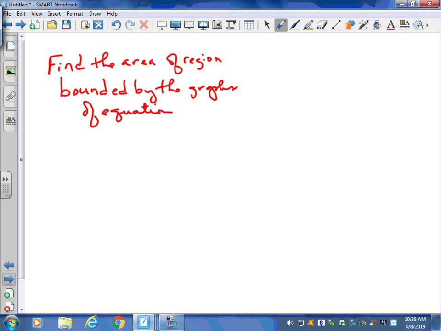And this is actually question number 57 out of the book, so you can refer to it when you're doing your homework if you need to. They'll give you a y equal to or an f and an x equal to equation. They will tell you some other restrictions for your question.